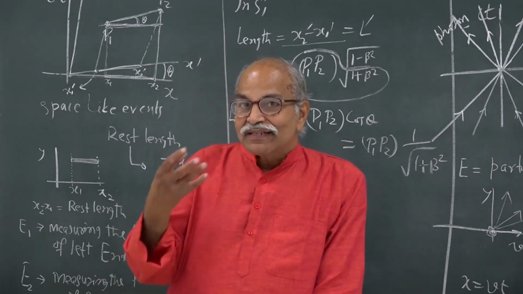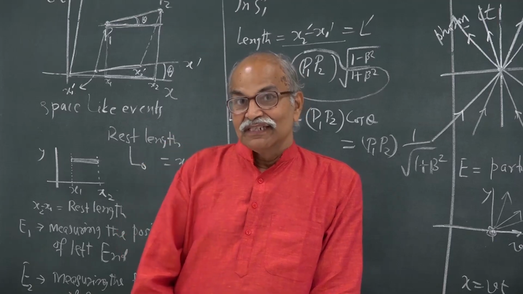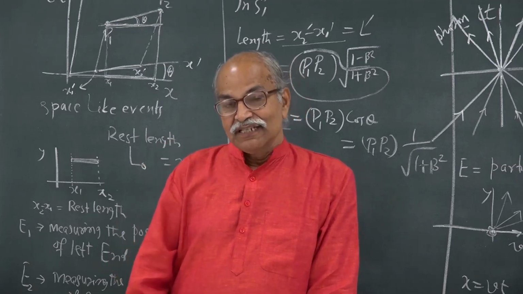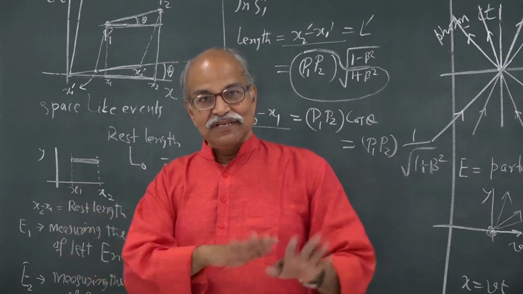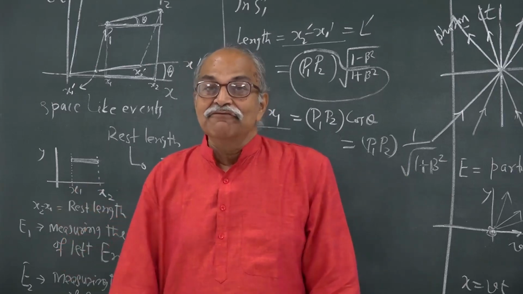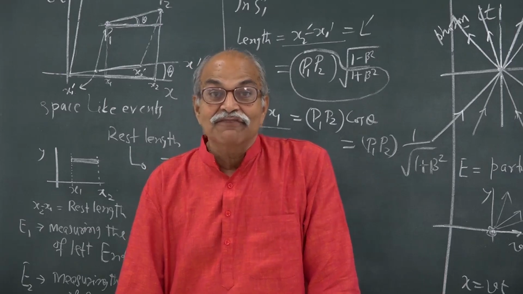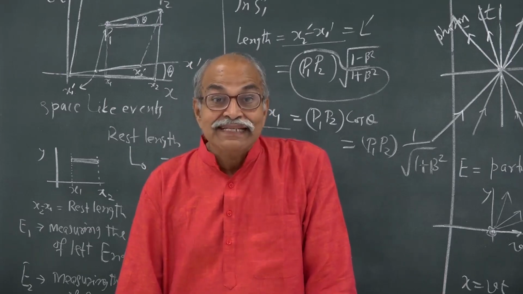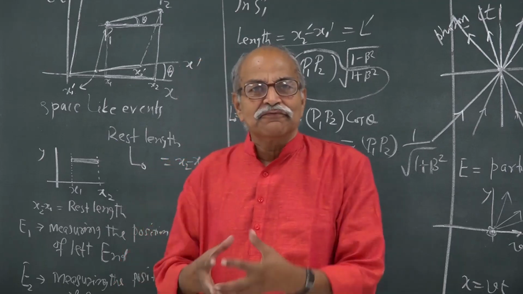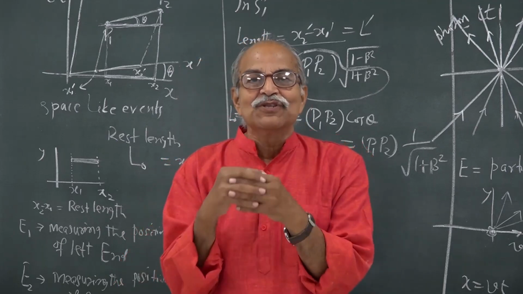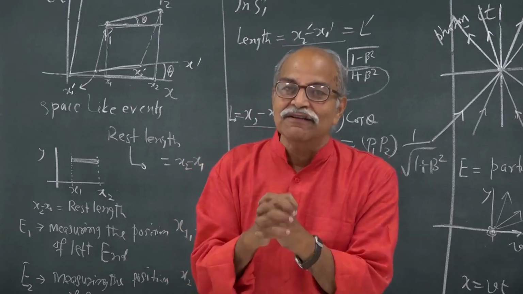So, using Lorentz transformations and Maxwell's laws, we could obtain the transformation equations of the E field and B field, and we found that electric field and magnetic field are not two separate entities. They are part of one quantity which we called the electromagnetic field.